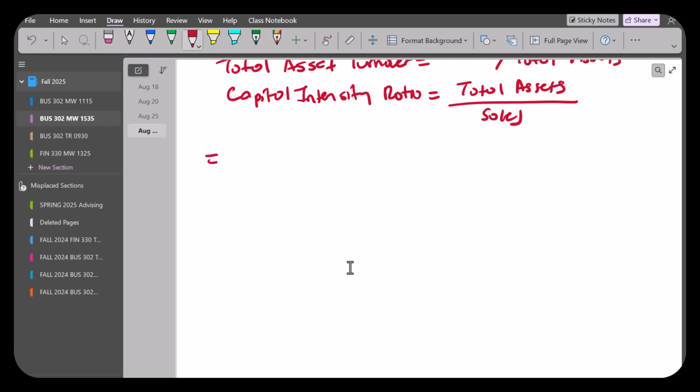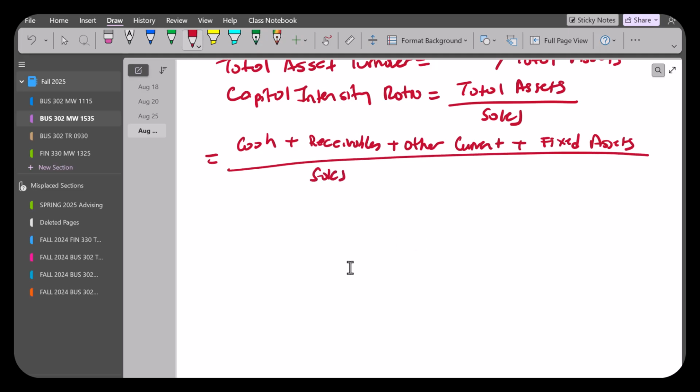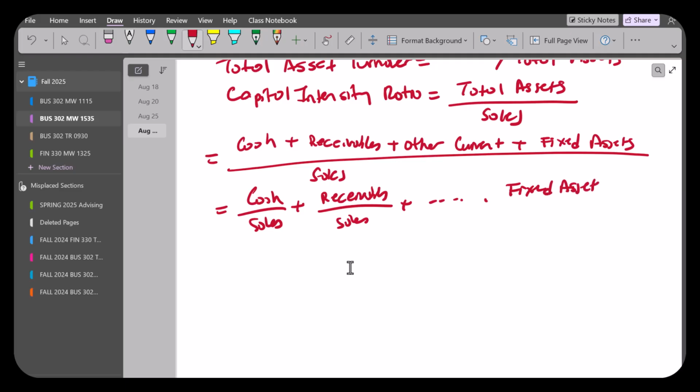So I can write that as cash plus receivables plus other current assets plus fixed assets over sales, which means this is equal to cash over sales and so on and so forth.